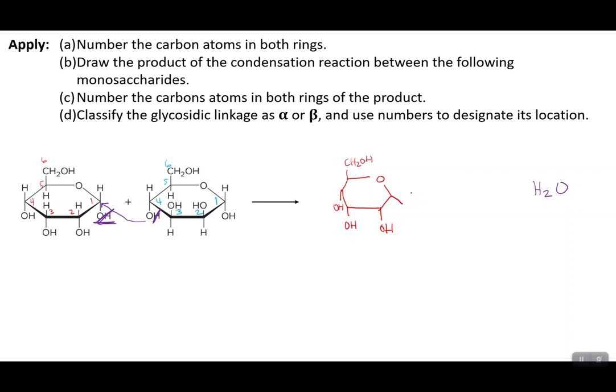And now the oxygen of my second monosaccharide is here. That will also be below the ring of the second monosaccharide, which is why I am pointing it down. So this bond here needs to be down on the second ring because this oxygen was down, or below the ring, in this structure. This means that I have a CH2OH group up here, and then I will keep the other OH groups in their orientation.